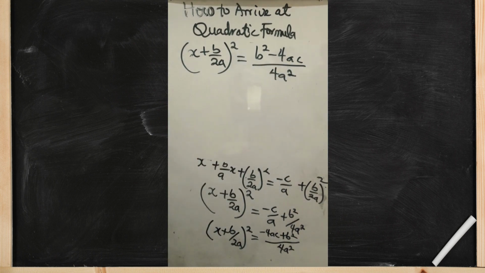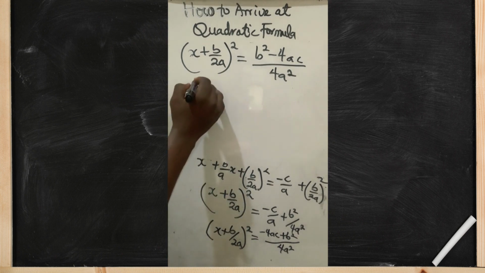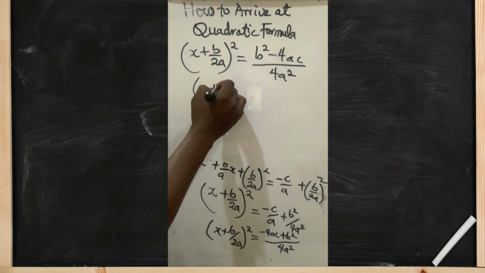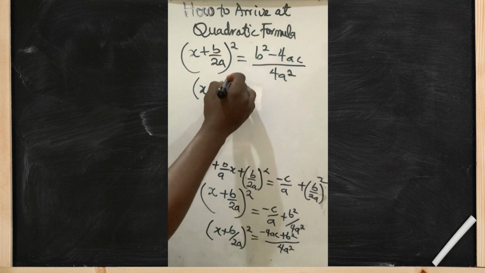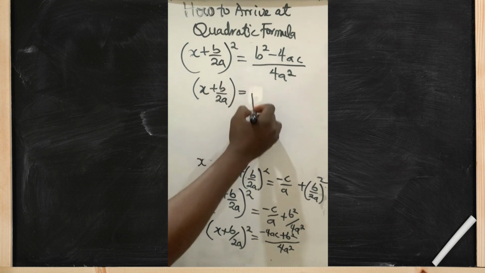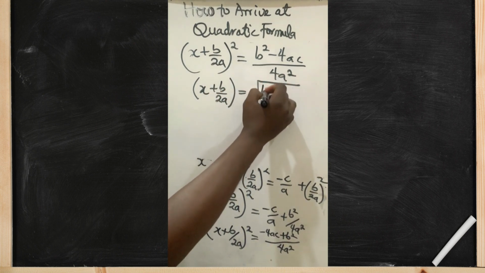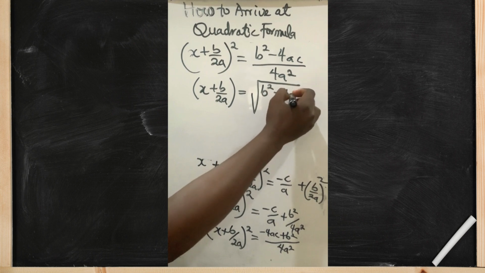So by this time you can look for the square root of both sides. Getting the square root of both sides will give you x plus b over 2a equals the square root of b squared minus 4ac.